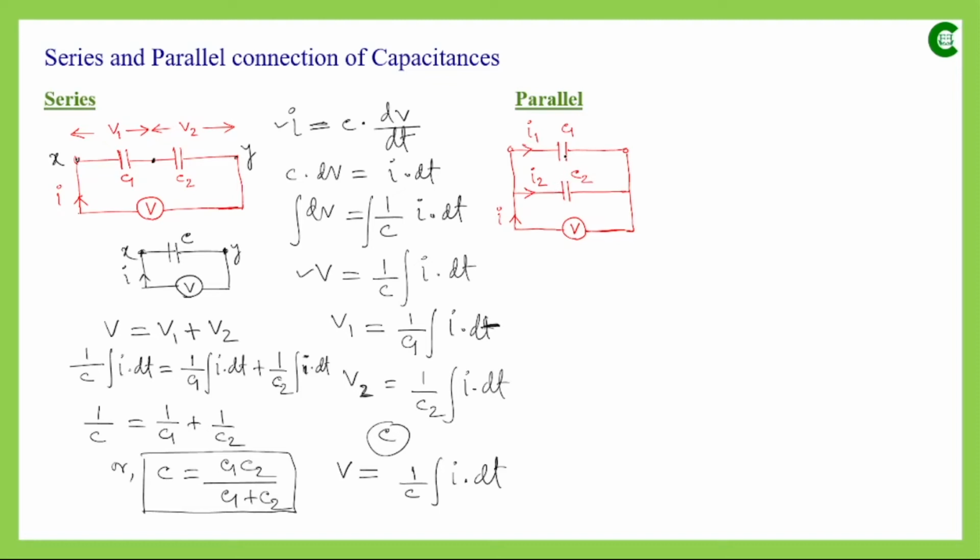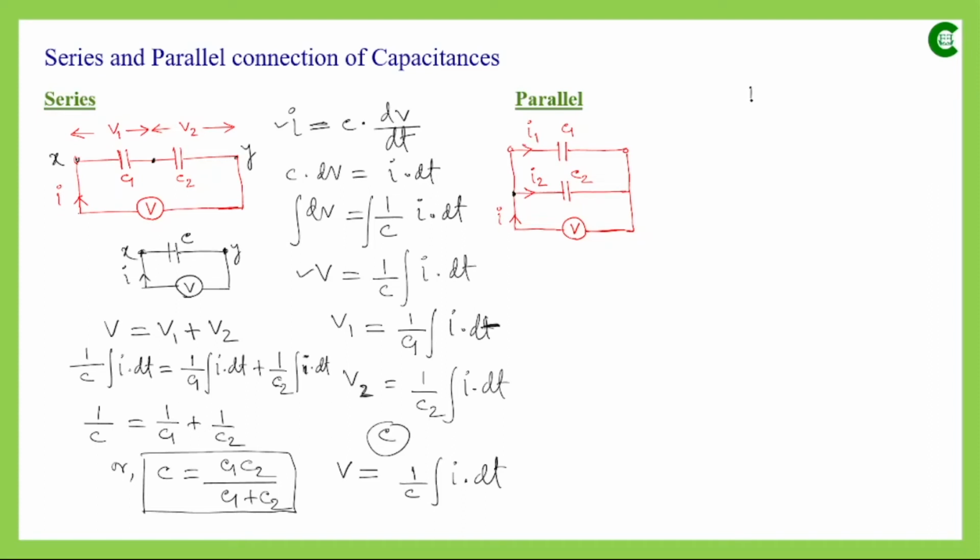So across capacitors C1 and C2, the voltage value will be V, and this time the current flowing through each of them will be different. So here the main current I will be divided into two parts, and I1 will be flowing through C1 and I2 will be flowing through C2.